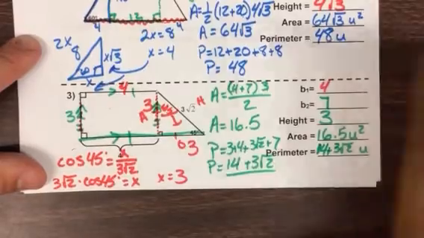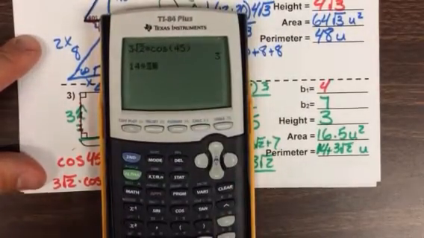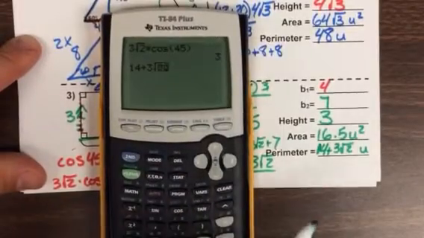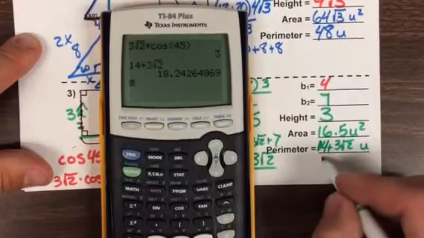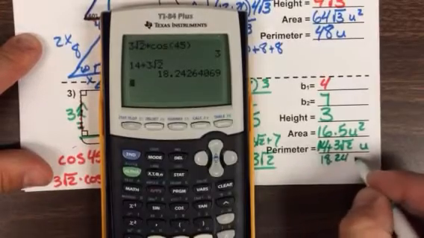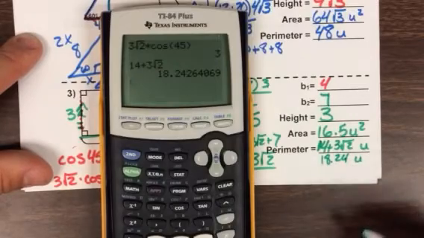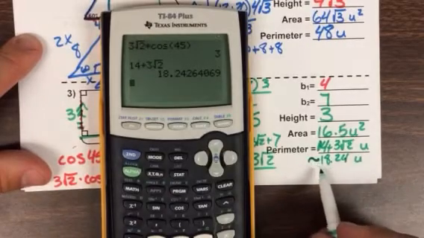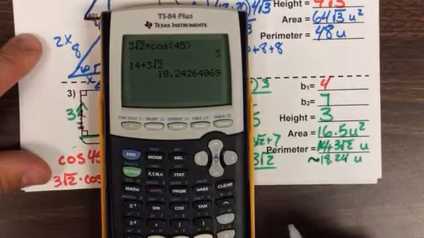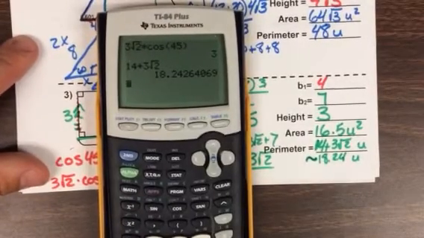Now, if you were to tell me, well, Coach, I think that is 14 plus 3 radical 2, which is 18.24. If you had told me 18.24 units, I would not discount your answer. That is an approximate answer. So when I have an approximate answer, I'm going to put that tilde in front to say, I know it's not exactly 18.24, but it is very close to 18.24.